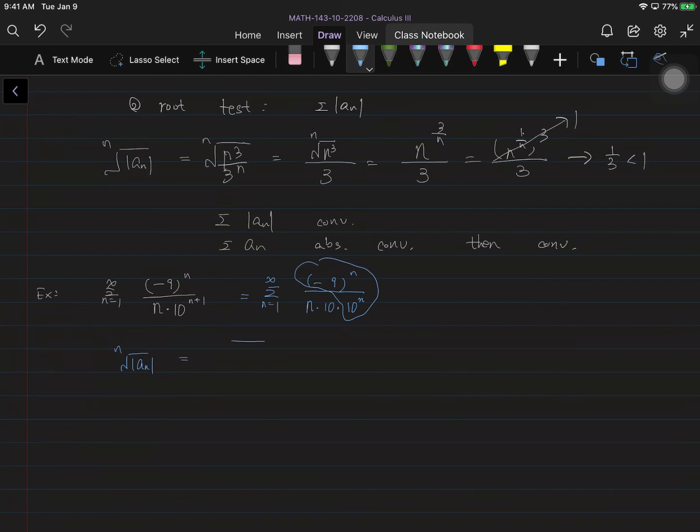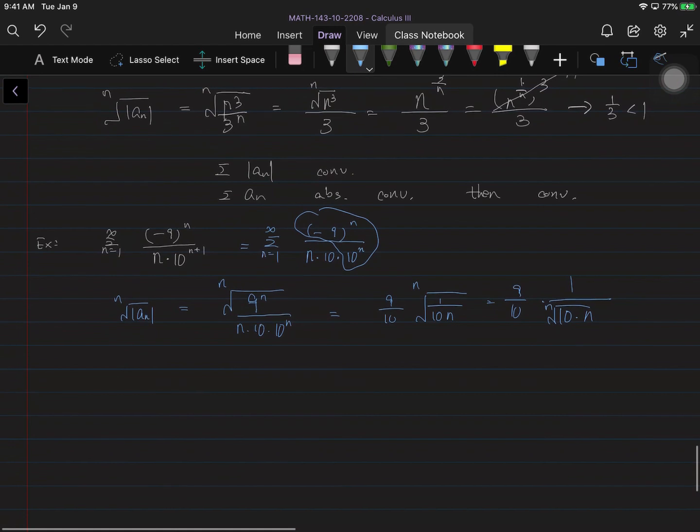It becomes the nth root of the absolute value, the negative goes away, and 10 to the n. Simplify, we can take the 9 over 10 out, right? The nth root of 1 over 10 to the n, and 9 over 10 here, and 1 over 10 all to the nth power.